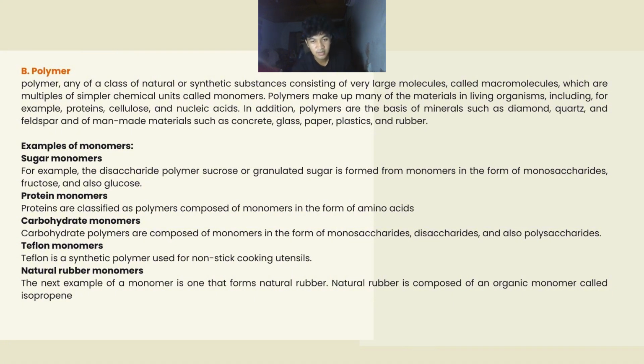And next is carbohydrate monomers that are composed of monomers in the form of monosaccharides, disaccharides, and also polysaccharides. Teflon monomers is a synthetic polymer used for non-stick cooking utensils. And last is natural rubber monomers. Natural rubber is composed of an organic monomer called isoprene.